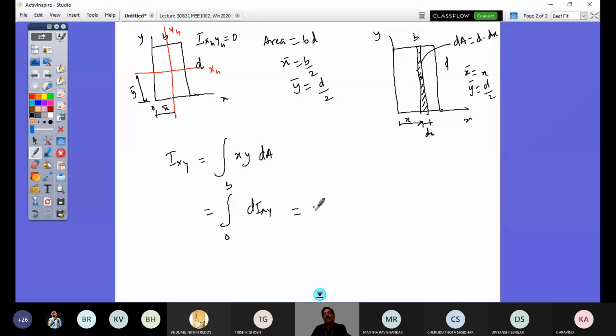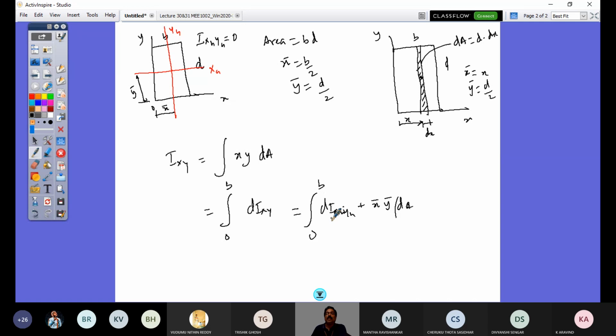So how do I write this? It is like this: dIxg yg plus x bar y bar into integral dA, by applying parallel axis theorem.